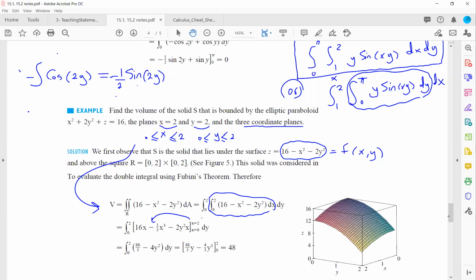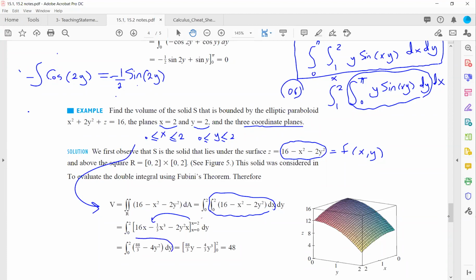Since in all of these cases you have x present, if you plug in 0, the outcome is 0, so the lower bound is not very important. By plugging in 2 and simplifying the expression, the outcome is 88 divided by 3 minus 4y squared.